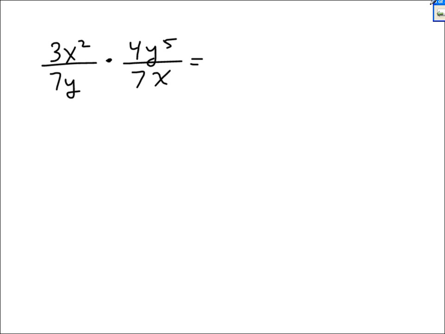Well, the fact is, this is the same as 3x squared, I meant to write a 4 next, after the x squared, I just blew it, over 7y, 7x.